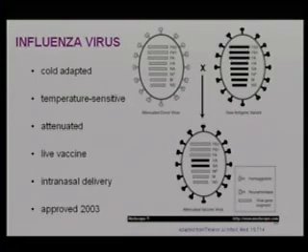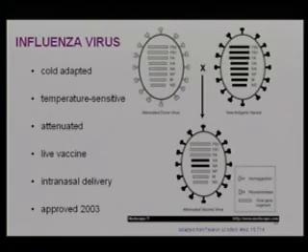It's based on an attenuated virus, which is shown here in grey. And this virus is cold adapted. In other words, it grows better at lower temperatures than higher temperatures. What that means is that it will grow better in your nose than it will in your lungs. So it's more likely to cause a mild upper respiratory tract infection than a serious lower respiratory tract infection.